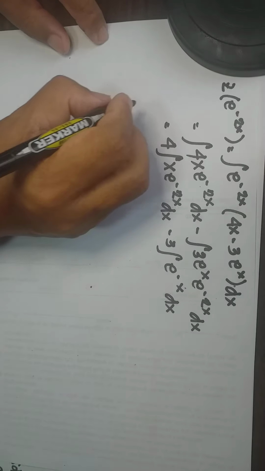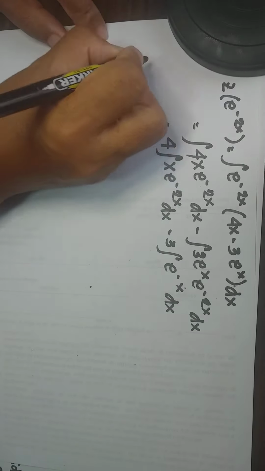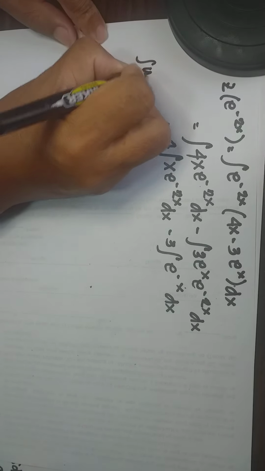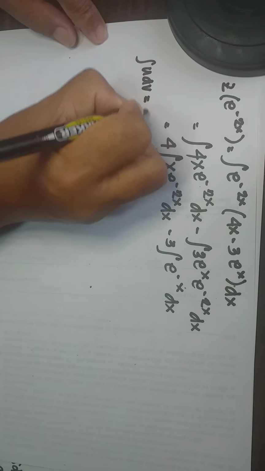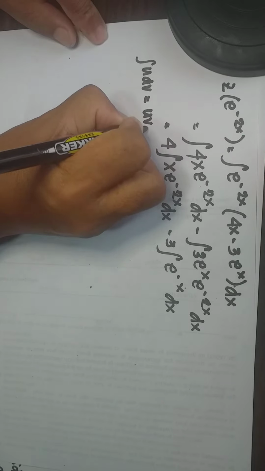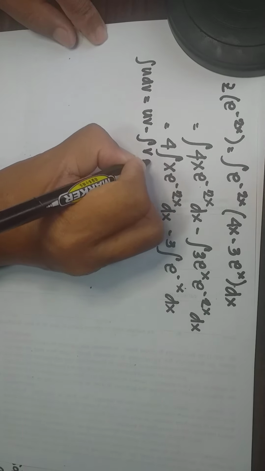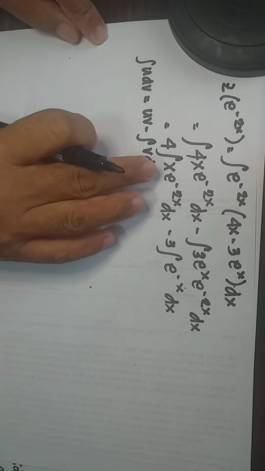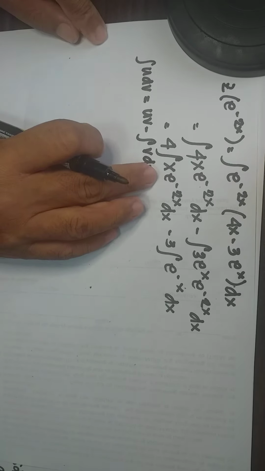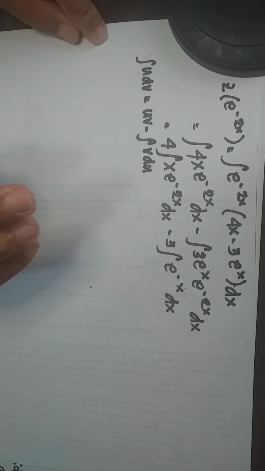Okay? So using the formula, the integral of u dv is equal to uv minus the integral of v du. So in this integration, what is u and what is v? Okay?